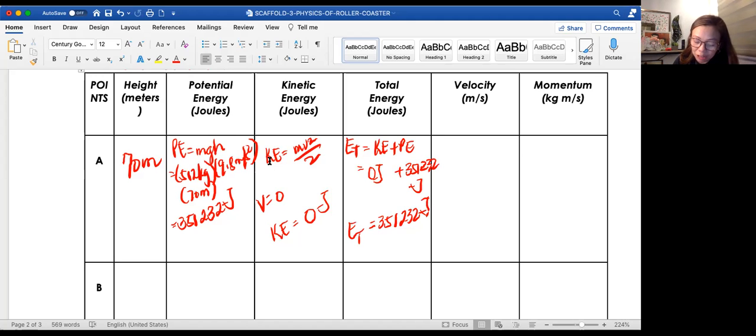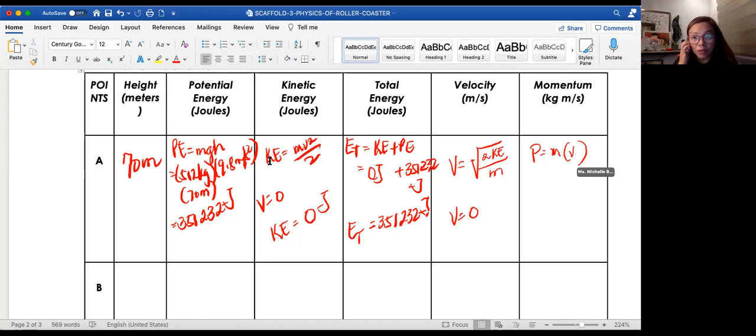Now, our velocity is what? Since our kinetic energy is 0, we are able to calculate the velocity, which is the square root of 2 kinetic energy over m. Since kinetic energy is 0, we will have a 0 here. In the momentum part, mass times the velocity, since the velocity is 0, momentum is also 0 kilogram meter per second.